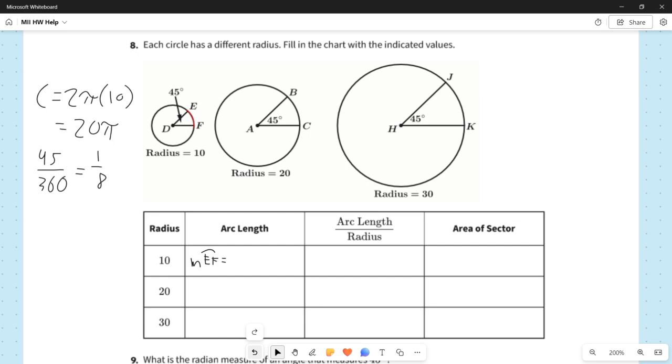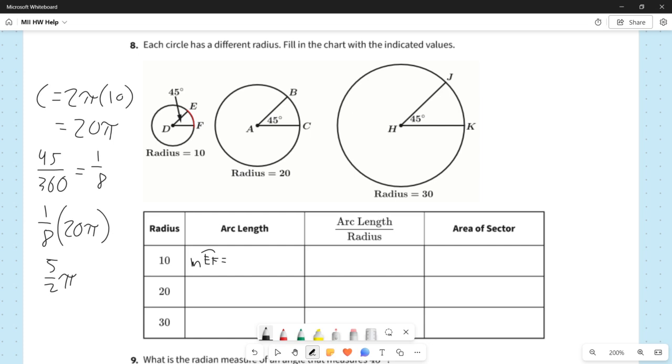So ultimately, what we're looking for here is 1/8 of 20 pi. So 1/8 of 20. The 20 goes up into the numerator, and then I can divide out a 4, and I end up getting 5 over 2 pi as my exact answer.